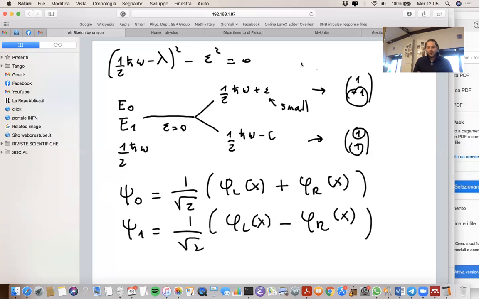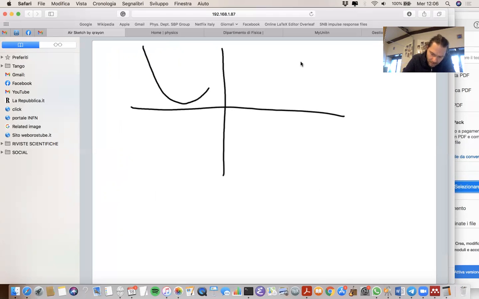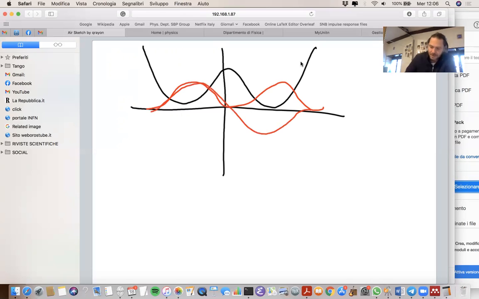So by only doing this simple exercise, we've come to the conclusion that the solution of this problem, the lowest eigenstates, are basically two Gaussians, and the first excited state is this one. That's psi 0, and this is psi 1.